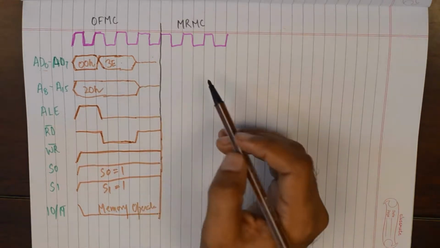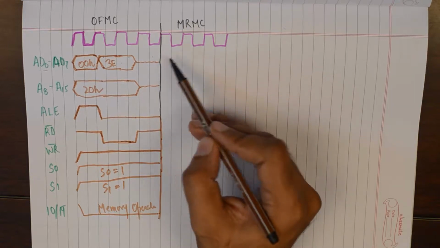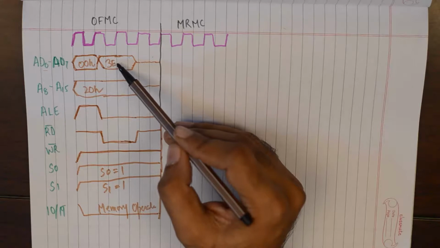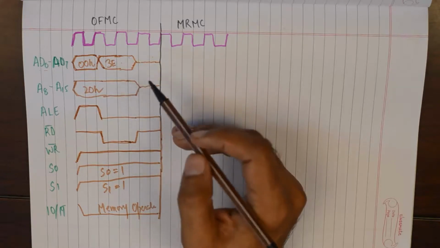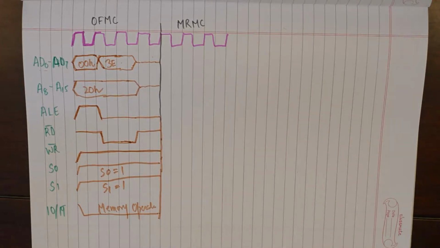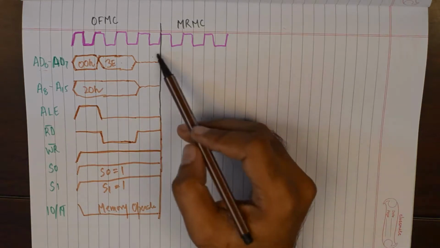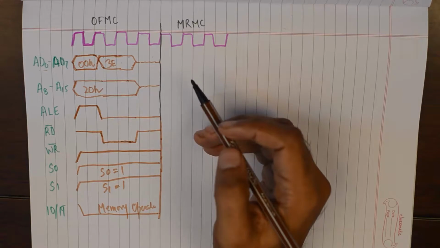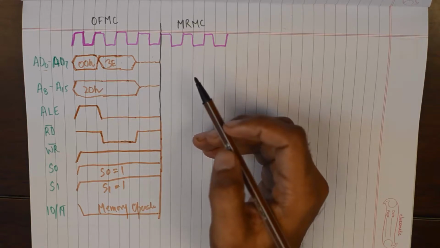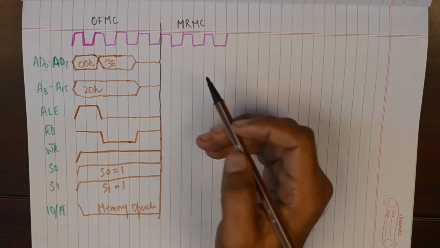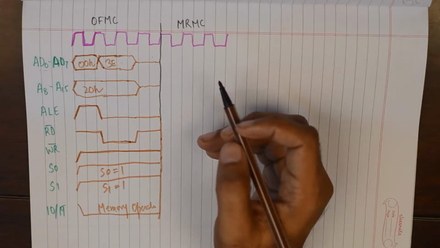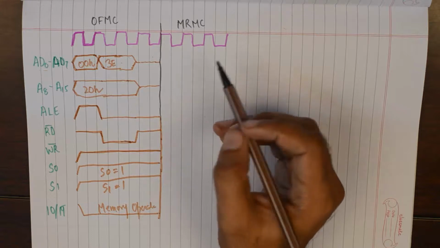Now, this being said, in the 4 T states, 3E, which is a representative of MVI A, will be decoded by the microprocessor, and the microprocessor will instruct the address and data lines to fetch the subsequent instruction so that it should be put into the accumulator.